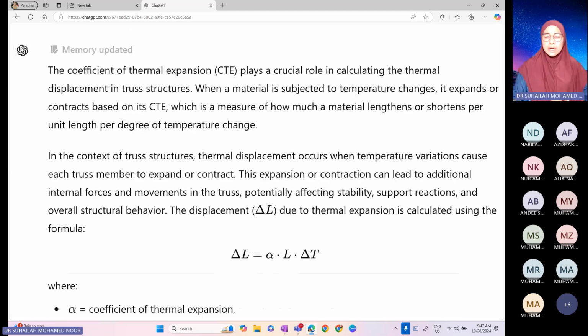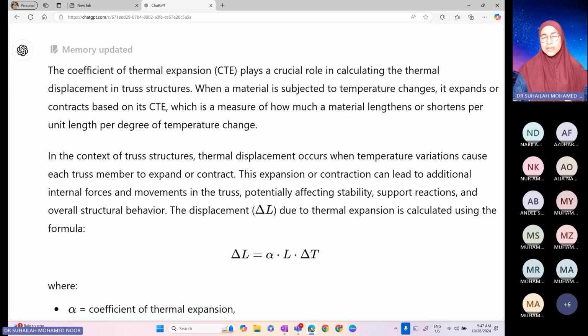Okay, so this is about coefficient of thermal expansion yang tadi saya sebut awal tadi kan. What is coefficient of thermal expansion, yang mana unit dia in per degree Celsius. We need to consider this effect whenever dalam soalan tu mention about ni lah, tapi in reality memang kena consider.